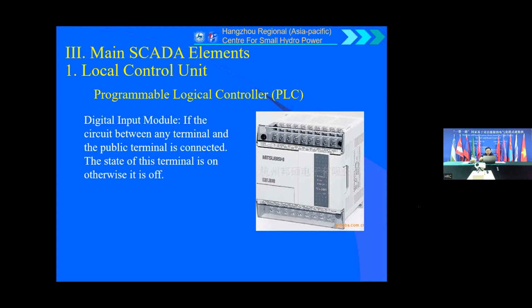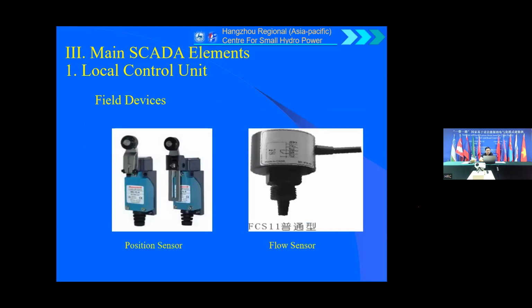So for the PLC, we have many input and output digital modules and analog modules to get information from and send information to the field. Then we can see some sensors, field devices to connect to the module. The first one is the position sensor. We can use the position sensor to get the status of the gate position.